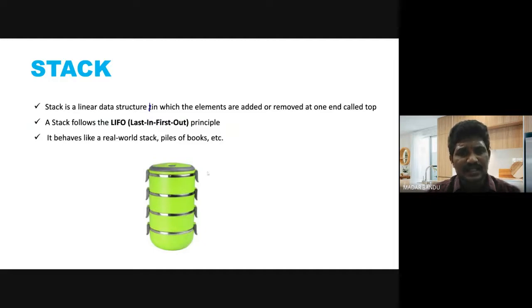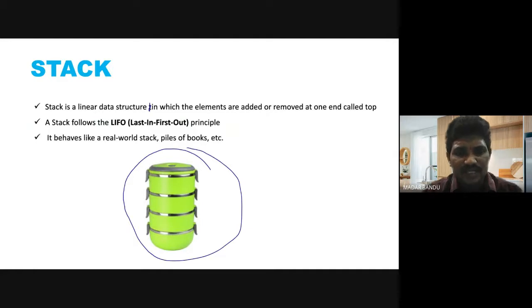You can see here, this is one of the examples of the stack. A stack of boxes is arranged one after another. Here, can we access the first box directly? It is not possible. You can remove only the top element, then the next ones, fourth, third, second, and only then can you access the first one.